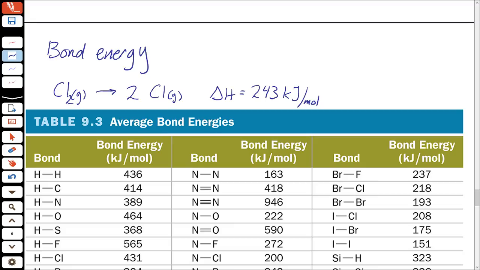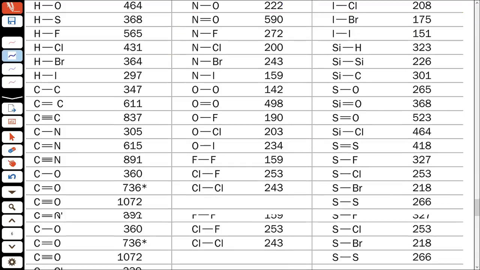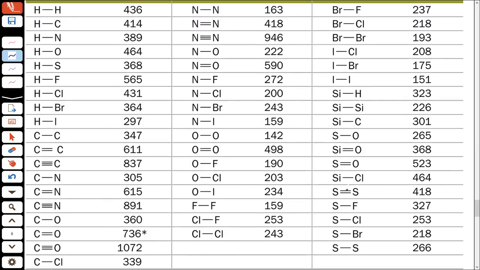So in the homework, there's one that's CH3CH2OH. How do you find that? Okay, good question. Here, I'll leave this up on the screen, and let's put it up on the board here. So we want to know the total energy of this compound as calculated by the bond energies.